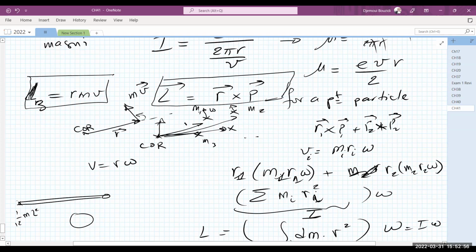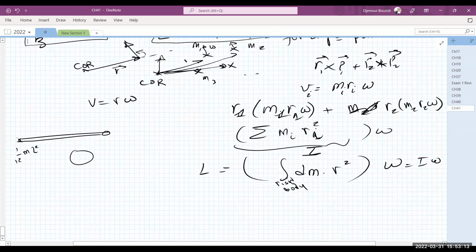Guys, is it yes or no? Yes, it makes sense. Because again, the magnitude of r is r, the magnitude of p is mv, and the sine of the 90-degree angle is 1. So it should be correct.